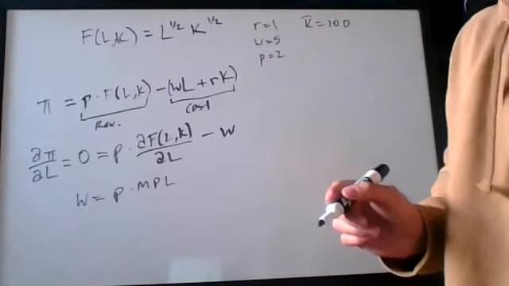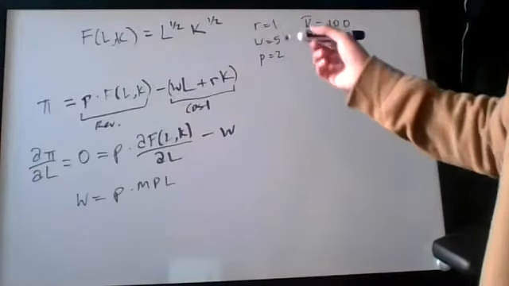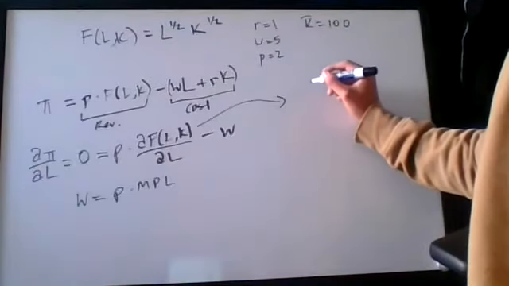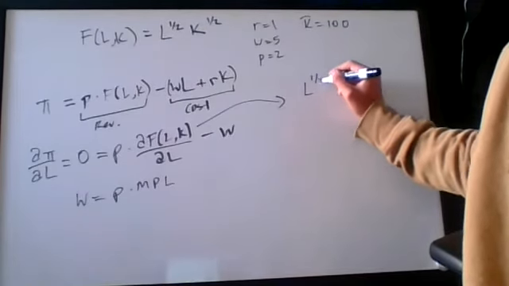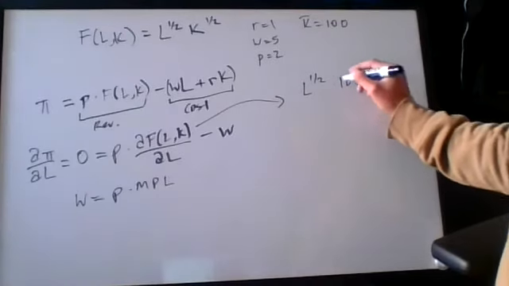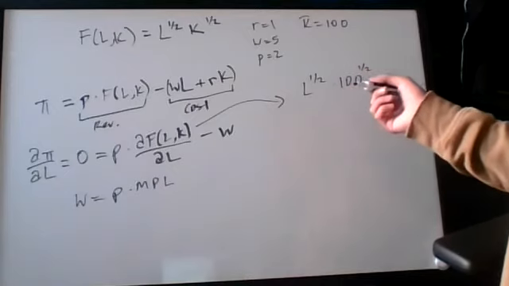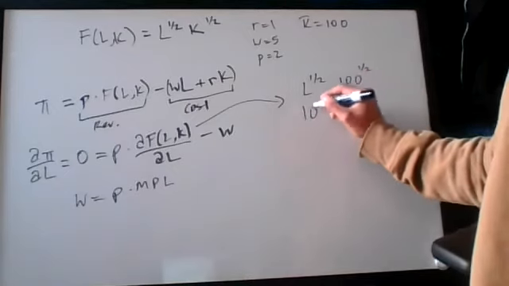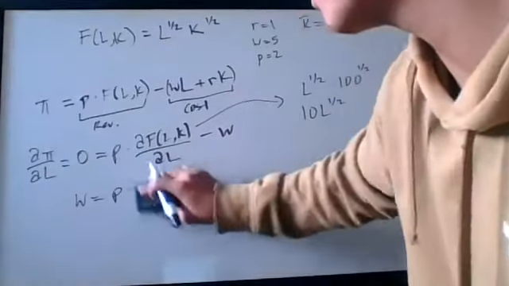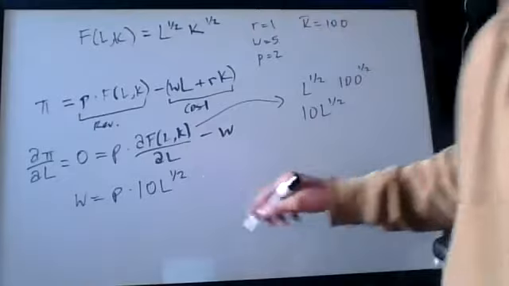Given what we have so far, let's solve it out. This is where you would plug in L to the 1/2 times 100 to the 1/2, which becomes 10L to the 1/2.